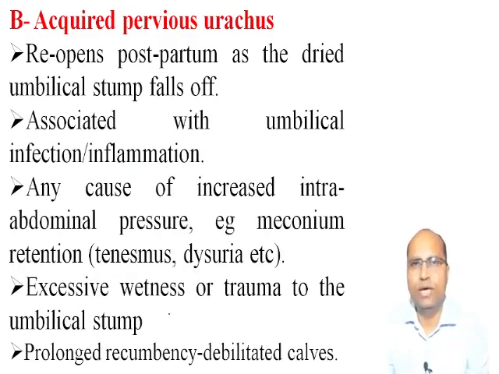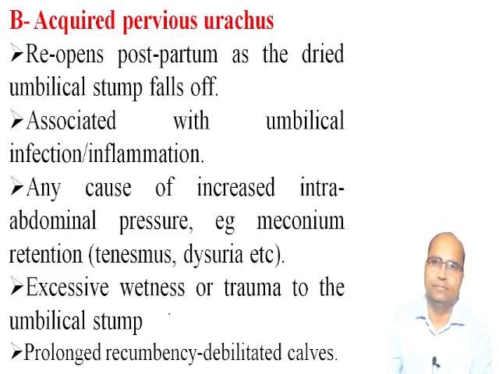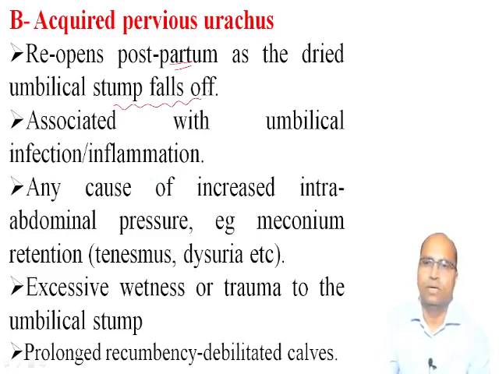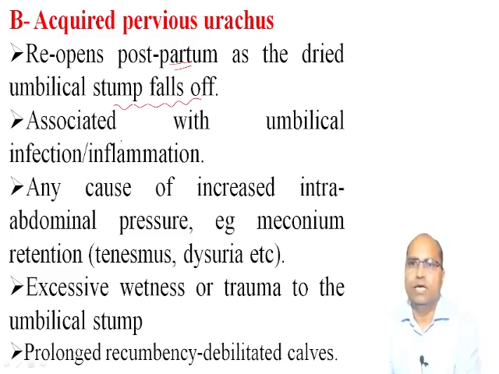Now we discuss acquired Pervious Urachus. Urachus reopens postpartum as the umbilical stem dries and becomes hollow. This is associated with umbilical infections and inflammation.